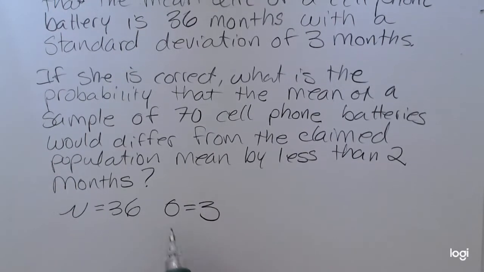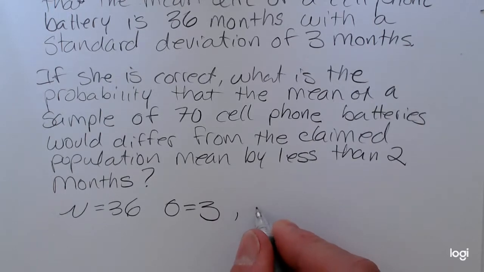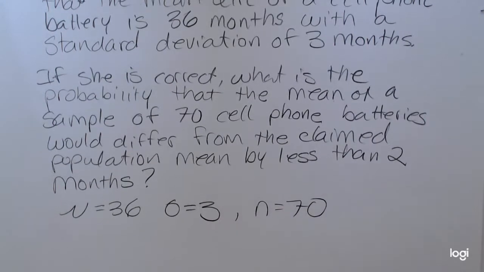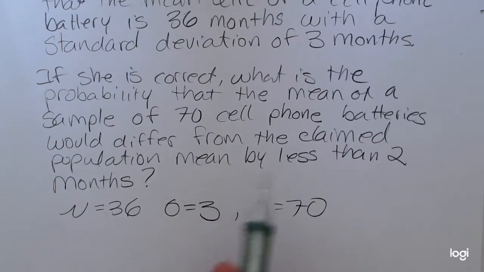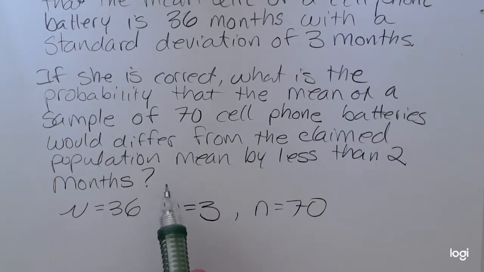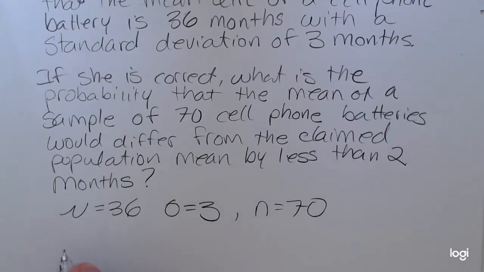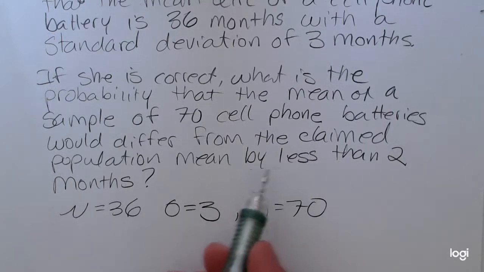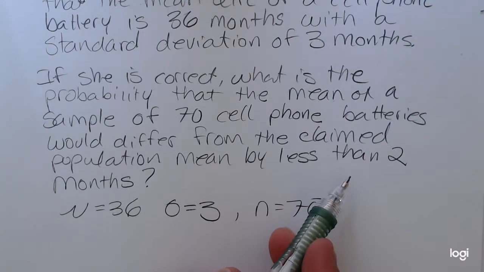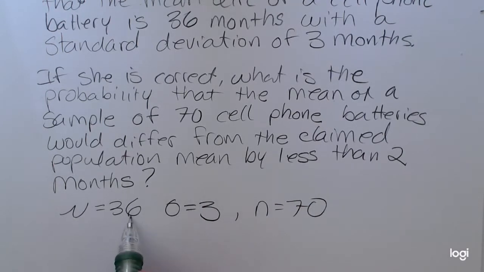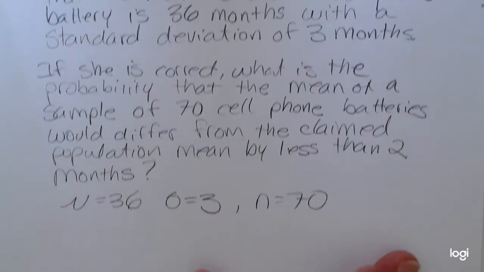If this claim is true, let's find the probability that out of a sample of 70 cell phones, so in this sample n is equal to 70, the batteries would differ from the claimed population mean by less than 2 months. All right, so we want this difference to be less than 2 months from the claimed mean.